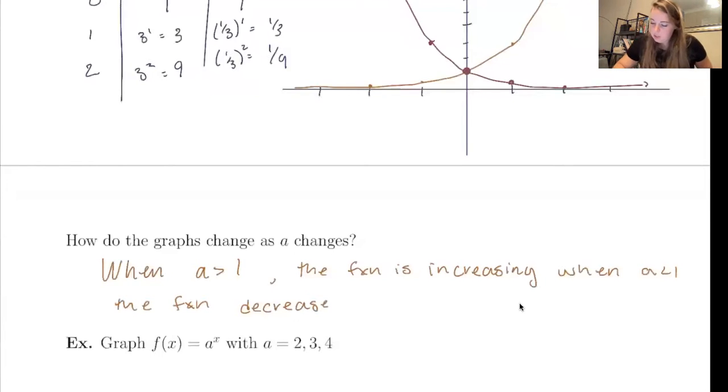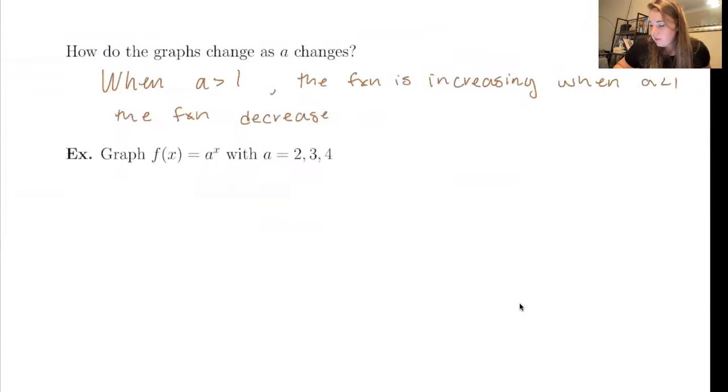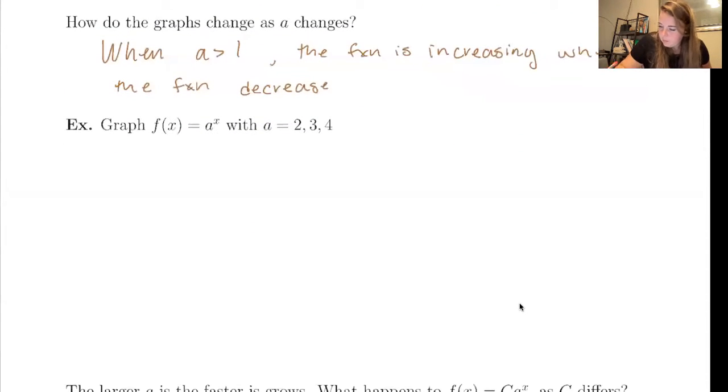All right, so now let's talk about when we just vary a, they're all greater than 1, but now it's like 2, 3, and 4. Okay, so let's keep doing x, and then we'll do 2 to the x, 3 to the x, and 4 to the x.